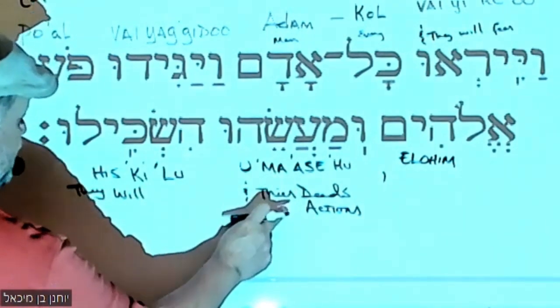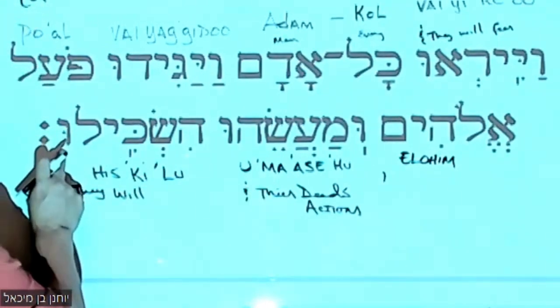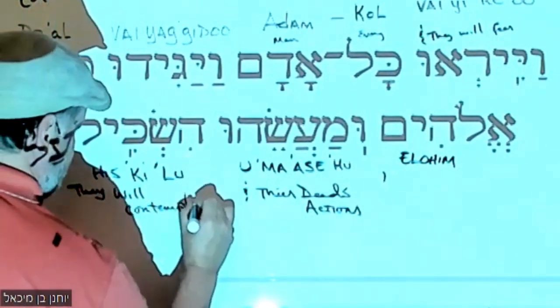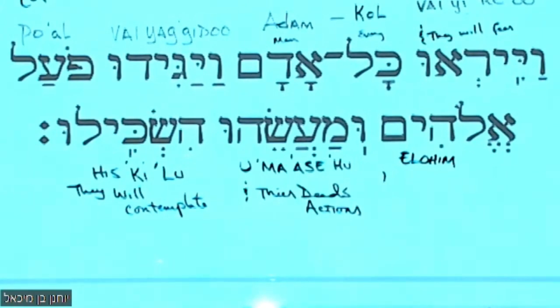And their deeds, they will what? I'm going to use contemplate because it carries a little more weight than to think about something. Contemplating is like soul searching, on a deeper level than just thinking about something. So, every man will fear, and they will proclaim the deeds of Elohim, and their actions they will contemplate. This is Psalm 64:9.